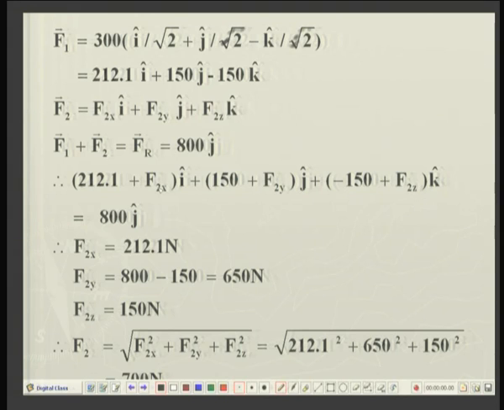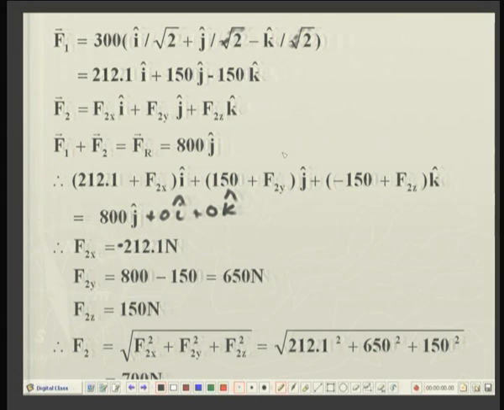So, you can easily write this as 800 j plus 0 i unit vector plus 0 k unit vector. Okay. So, first we will compare the i components, that is 212.1 plus F2x is equal to 0. So, this will give me F2x equal to minus 212.1 newtons.